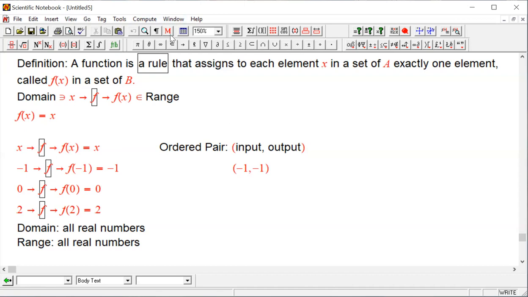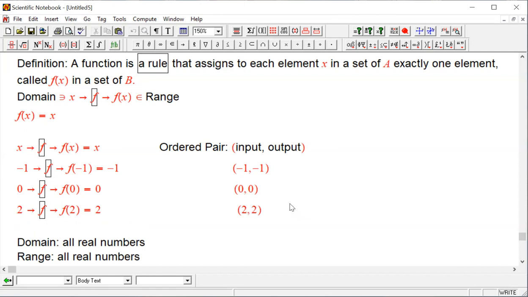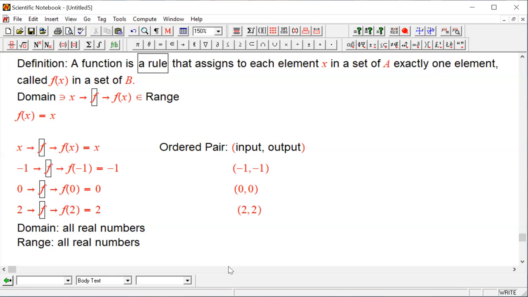Input 0, output is 0. Input is 2, output is 2. So we can keep the list going. We can get as many points as we wish.